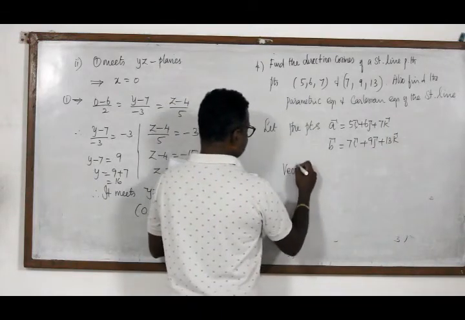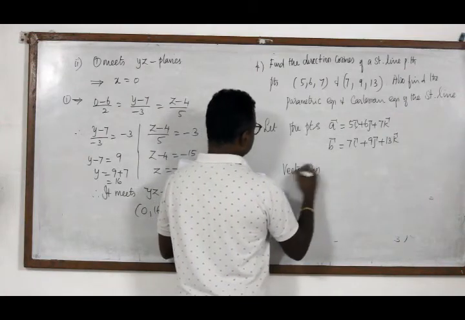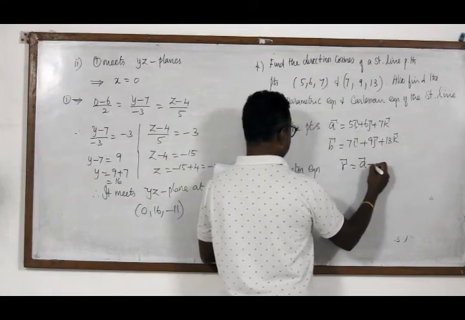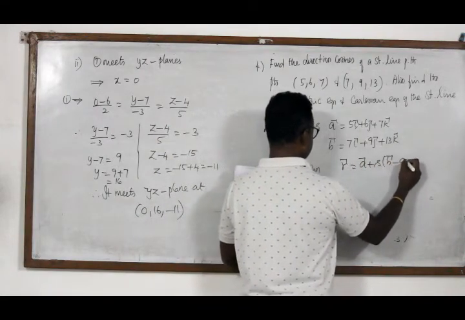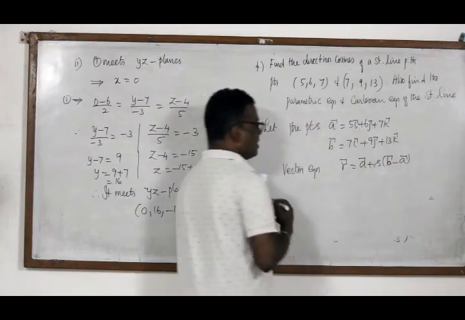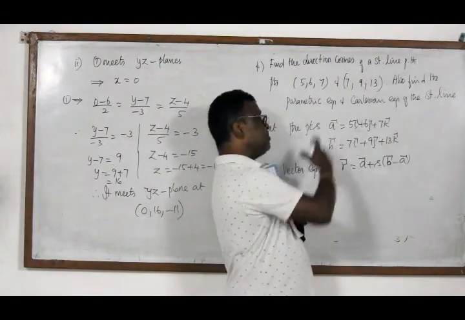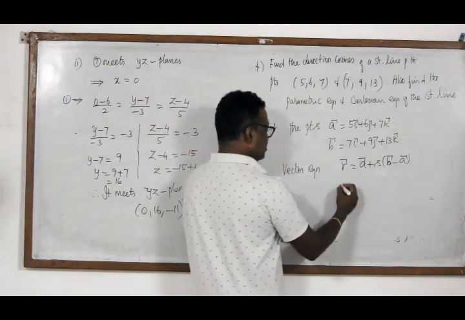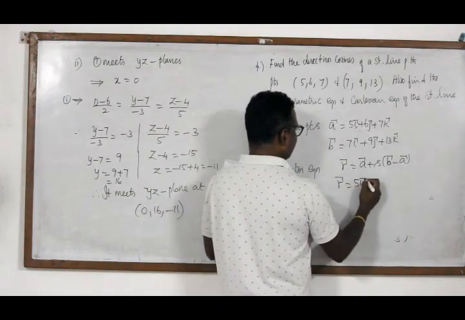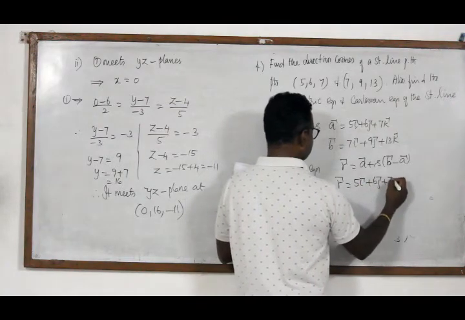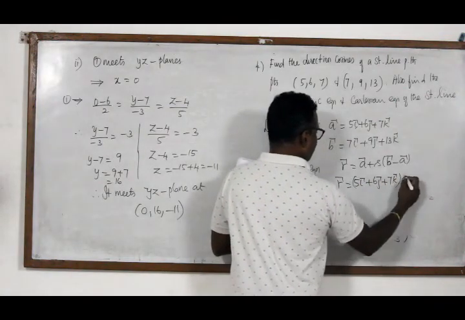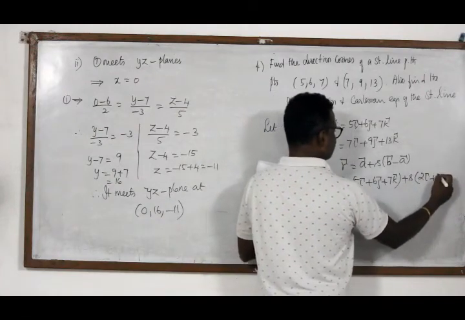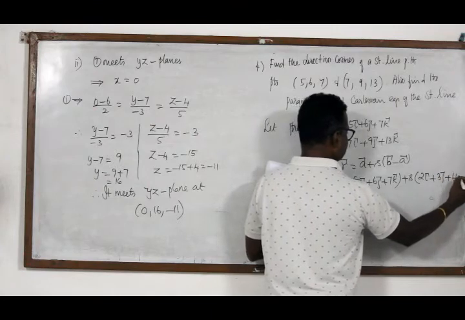Then vector equation, that is parametric equation, parametric vector form is R vector equal to A vector plus S into B minus A. Now, you must understand, I am free to take any point as A vector and any point as B vector since both are points. So, this equation can be written as 5i plus 6j plus 7k plus S into (B minus A is 7 minus 5, 2i, 9 minus 6, 3j, 13 minus 7, 6k).